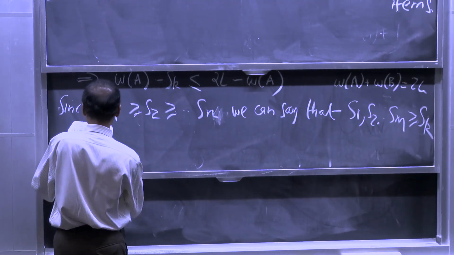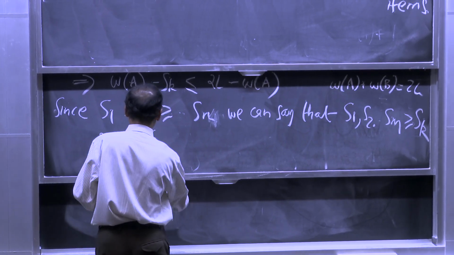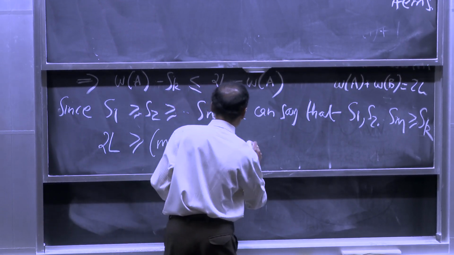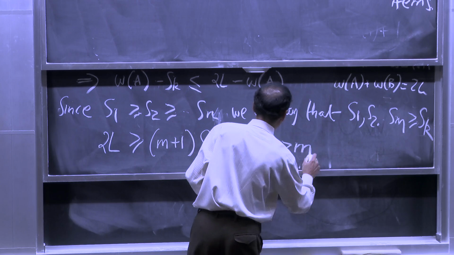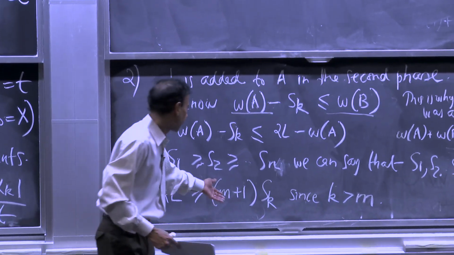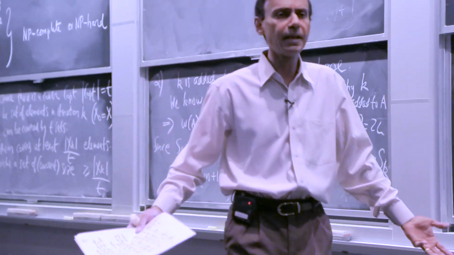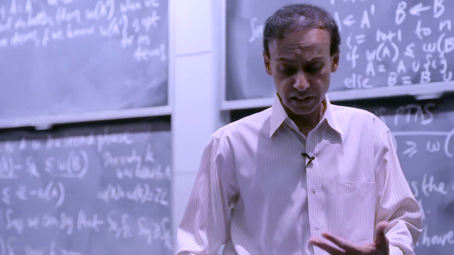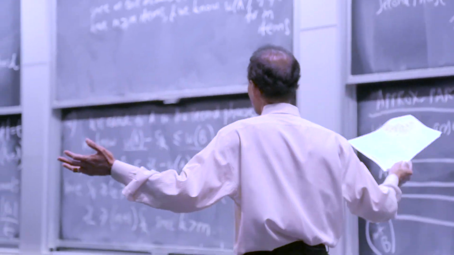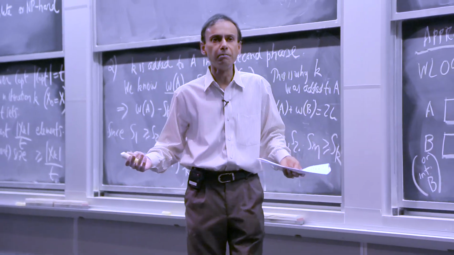So what that means is 2L is greater than or equal to m plus 1 times Sk, since k is greater than m. Again, this is not particularly tight because m could be really small in relation to n, but since the values are decreasing, 2L, which is the sum of all of those, is greater than or equal to m plus 1 times Sk, regardless of what m is.